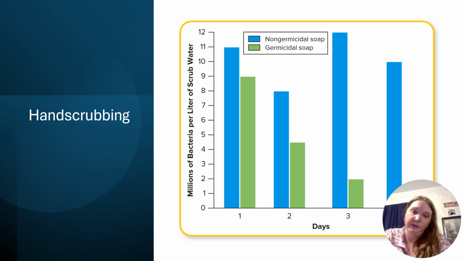It's millions of bacteria per liter of scrub water. So it's broken down by how many people have scrubbed their hands with germicidal soap and without. There's a big difference there with hand scrubbing.